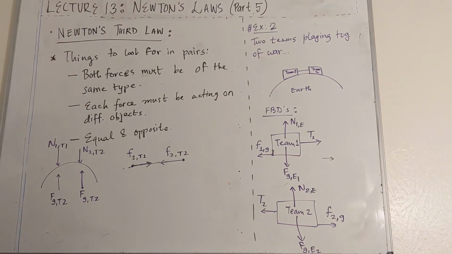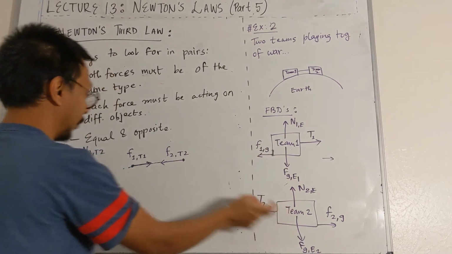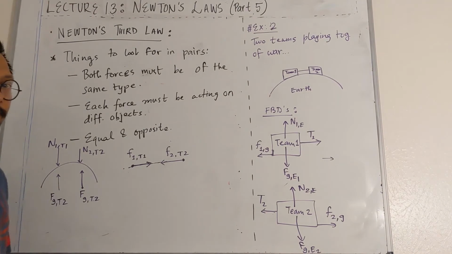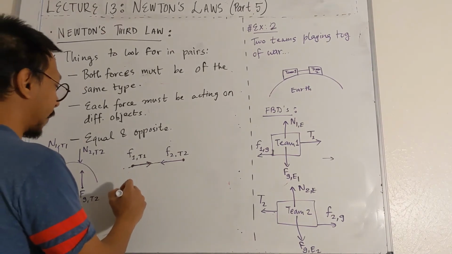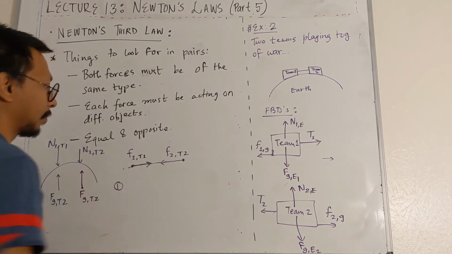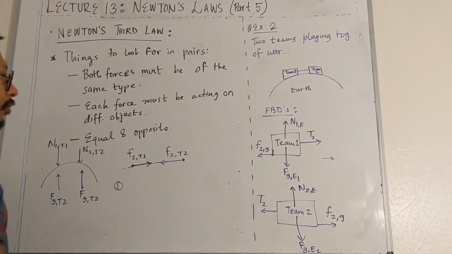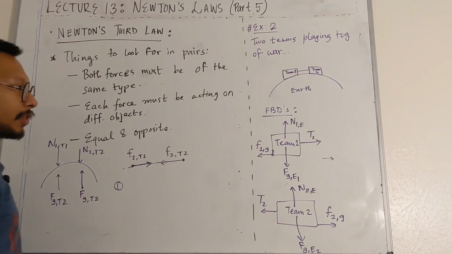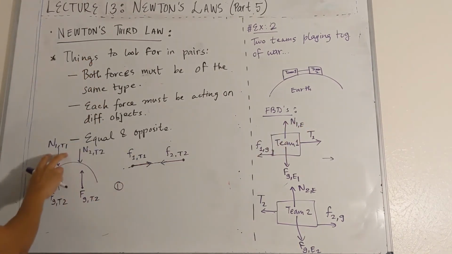Now it's time to identify the pairs. We have drawn free body diagrams for all of the objects involved: team 1, team 2, Earth and the ground. Alright, now what are the pairs? The two normal forces are paired together, as we have seen from the previous example. So N1E is paired with N1T1.